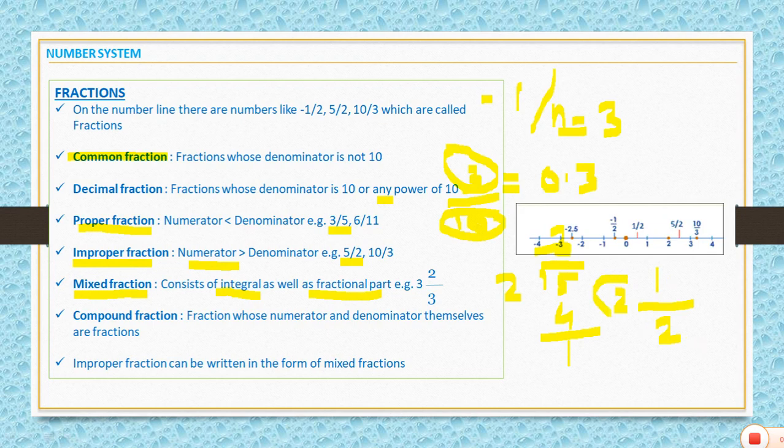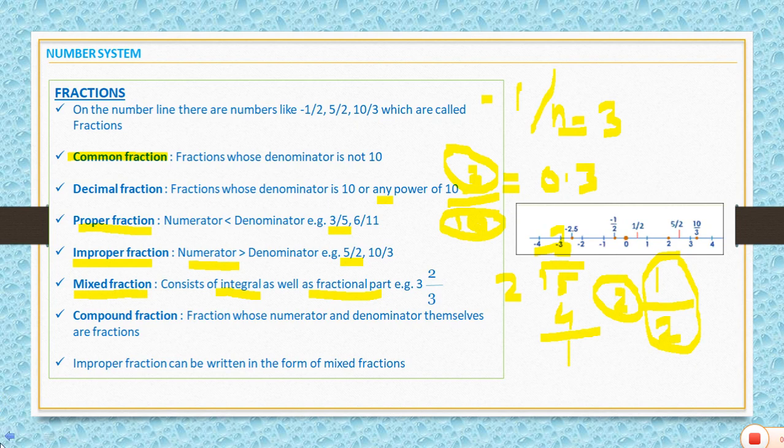The first part is the integral part and the other part is the fractional part. When a fraction can be converted into two parts, that is known as a mixed fraction. All the improper fractions can be converted into mixed fractions.